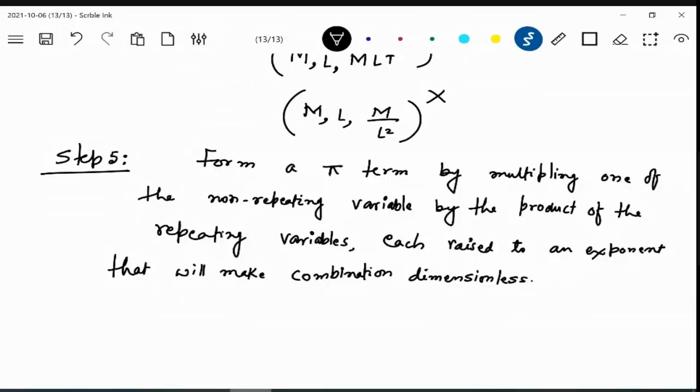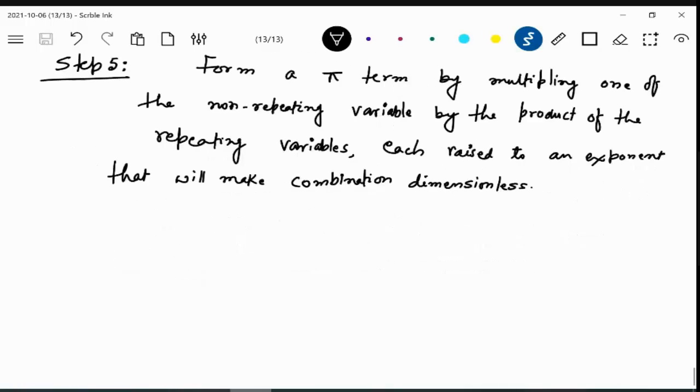So what you have to do is, you have two kinds of variables. One is non-repeating, another is repeating. So you take one of the non-repeating variables and the repeating variables, put some exponent, some power, and from that you form a pi term by multiplying the non-repeating variable with the repeating variables raised to some powers.